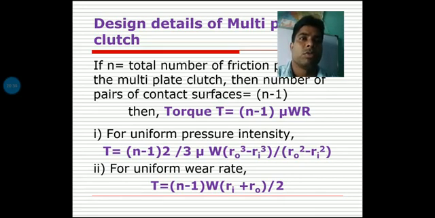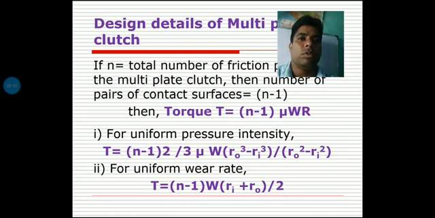So the number of pairs of contacting surfaces is the total number of discs on the driven and driving shafts minus 1.